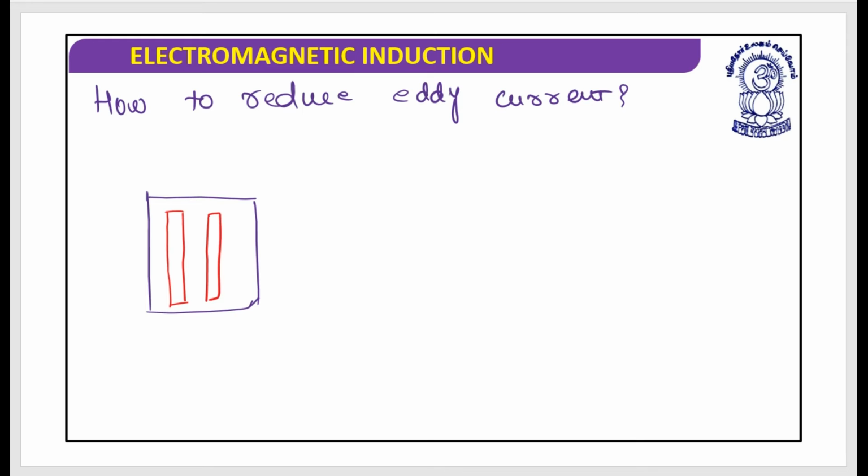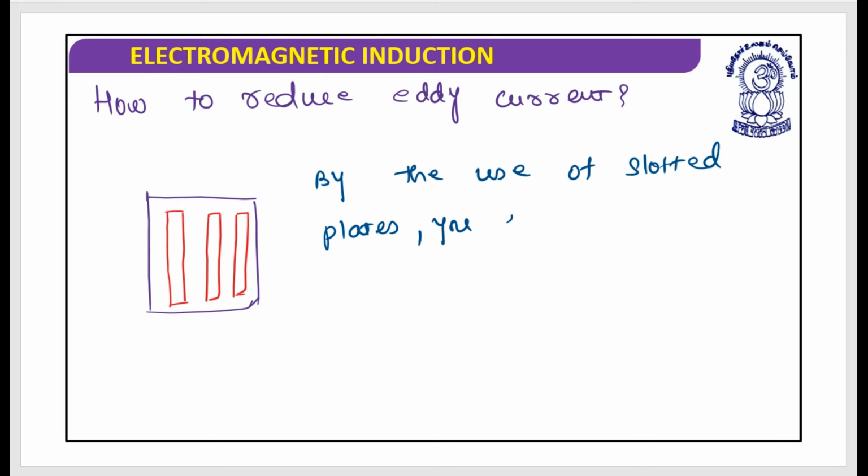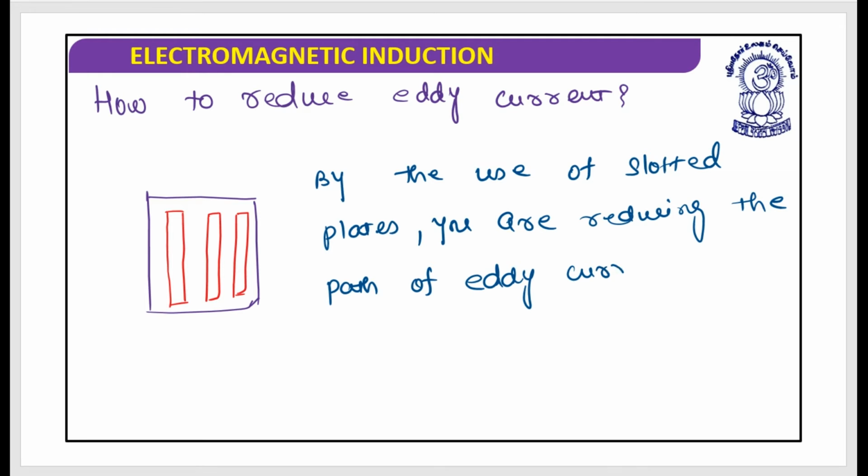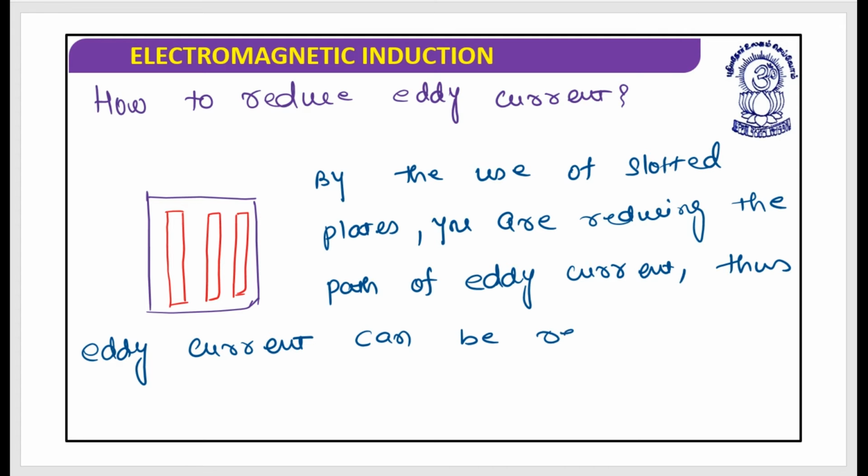By the use of slotted plates you are reducing the path of eddy currents, and thus eddy currents can be reduced.